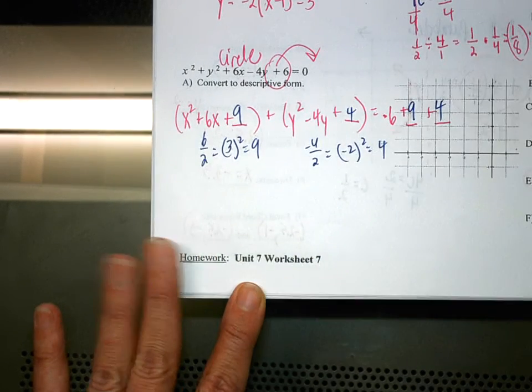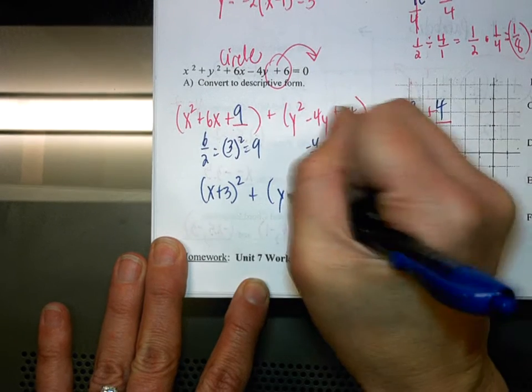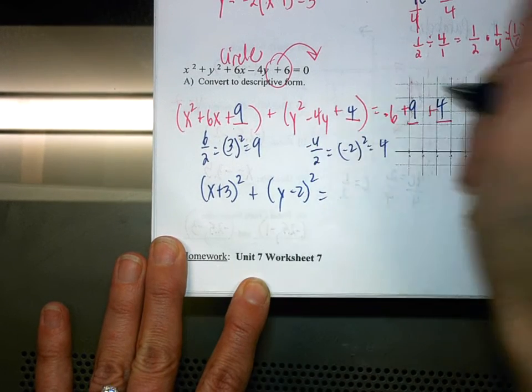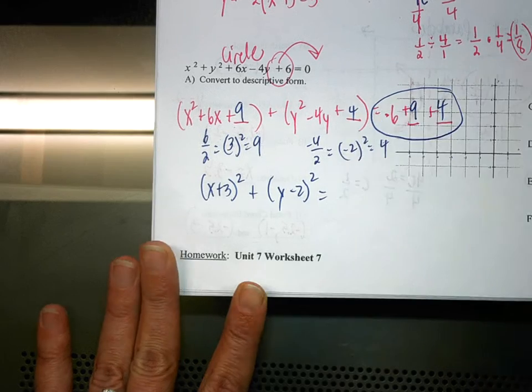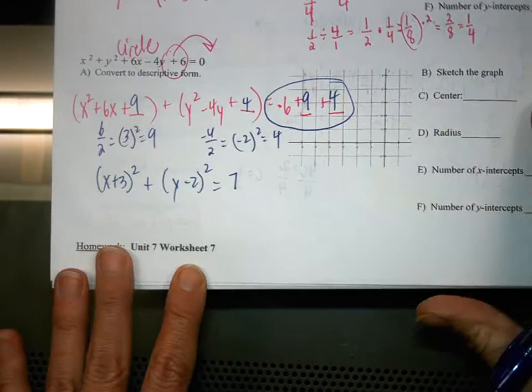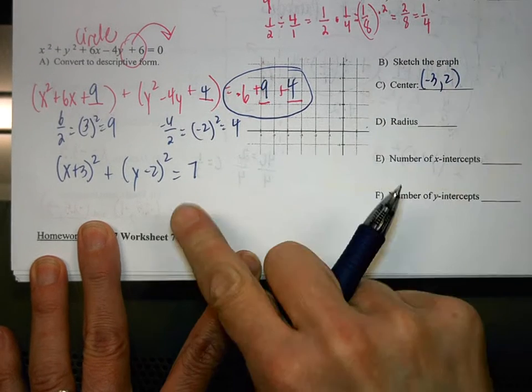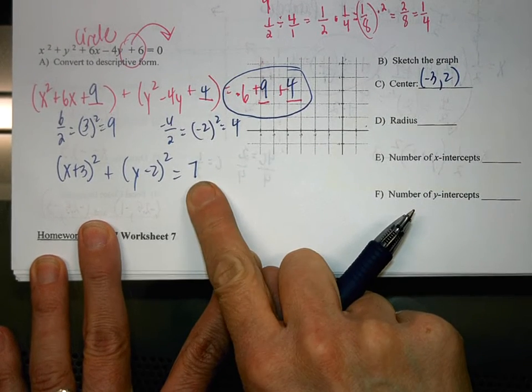We end up getting x plus 3 squared plus y minus 2 squared equals, we add that together and you get 7. When you write your center, it is at negative 3, 2. Your radius is always the square root of this value.